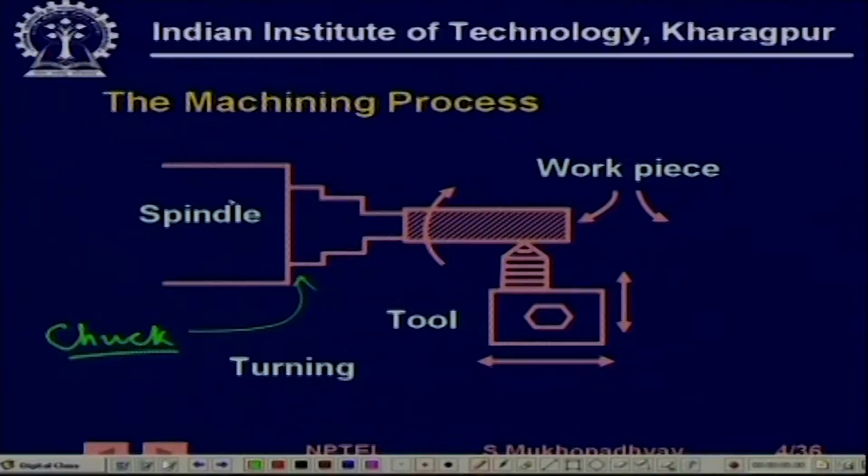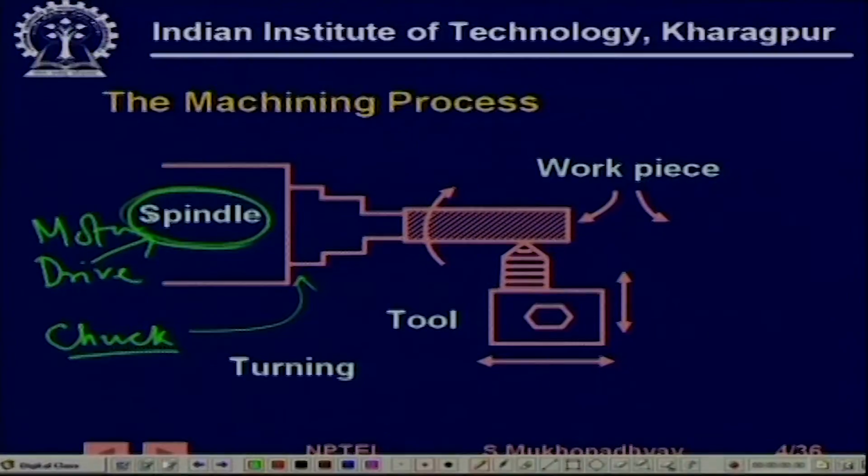The chuck is rotated by a spindle, which has a drive motor here. So, we have a motor drive here, and the workpiece is rotating, and this is the tool, this is the tool holder which moves.